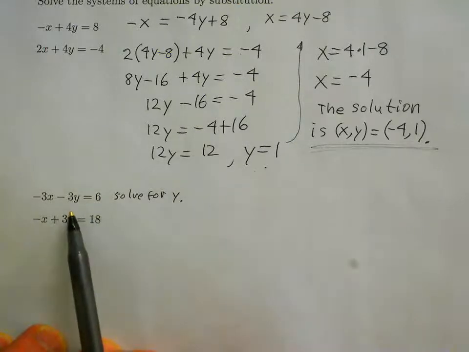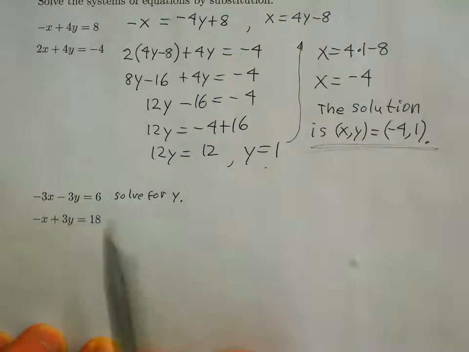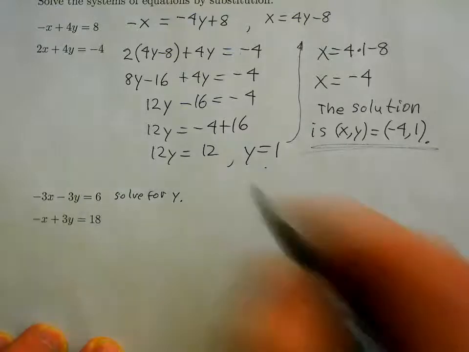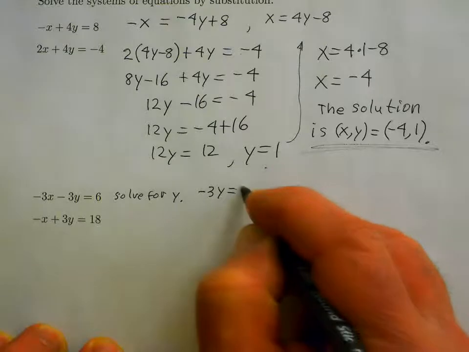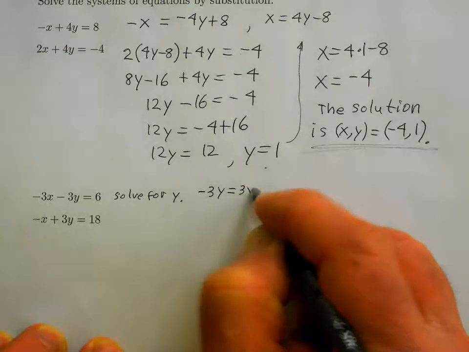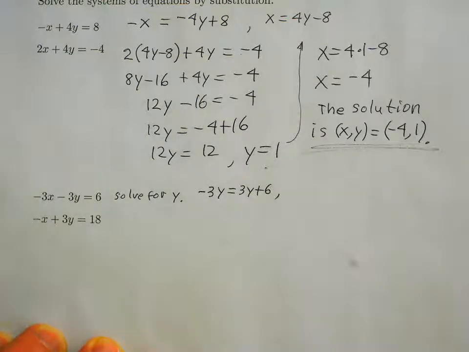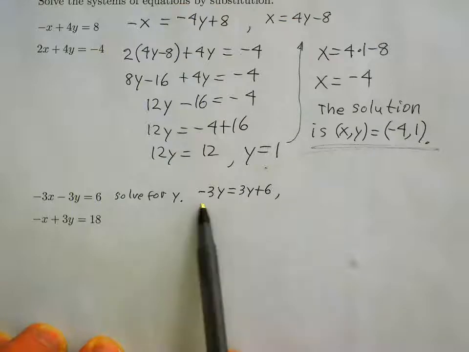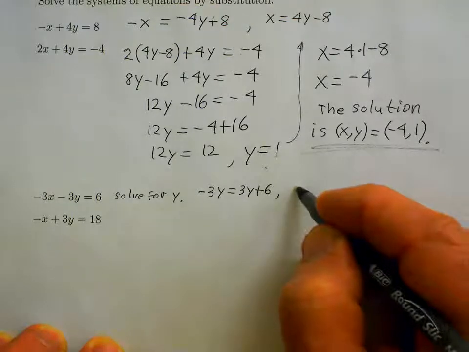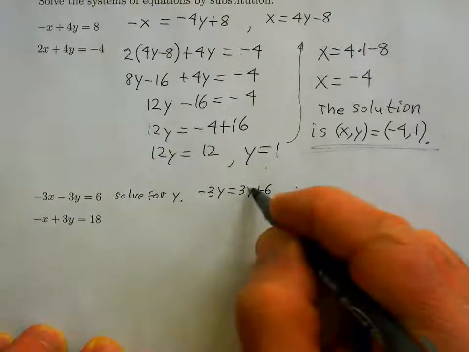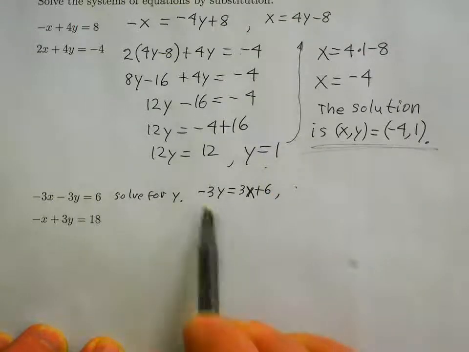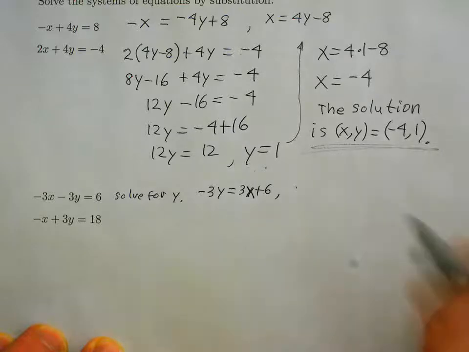If I solve the top equation for y, first thing to do is add 3x to both sides. So I get negative 3y equals positive 3x plus 6. Then divide every term on both sides by negative 3.